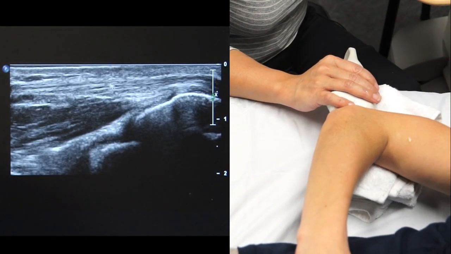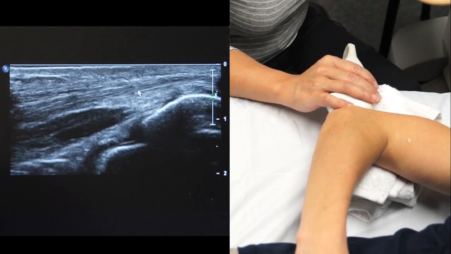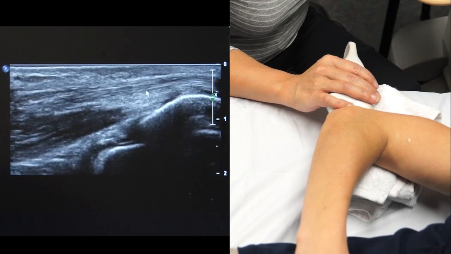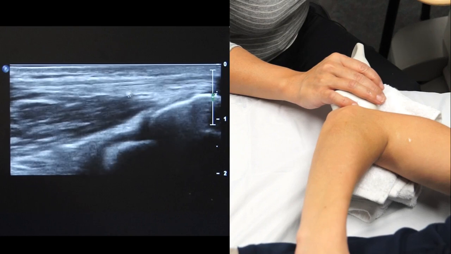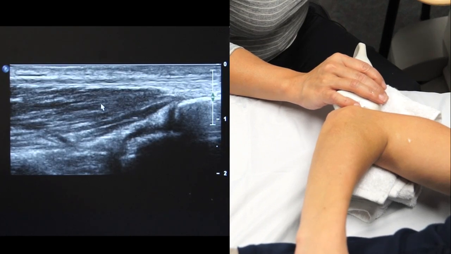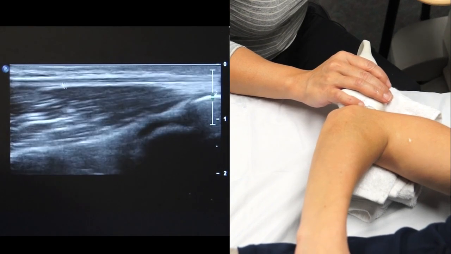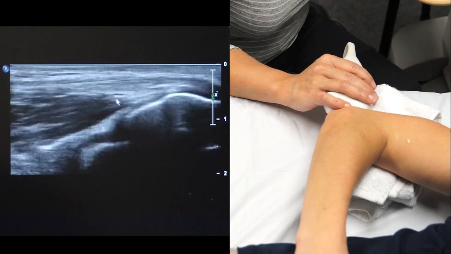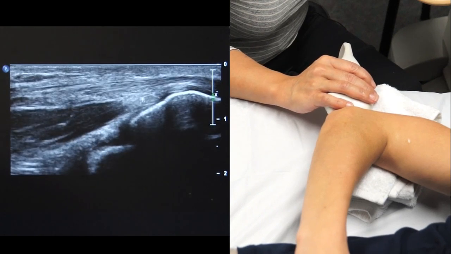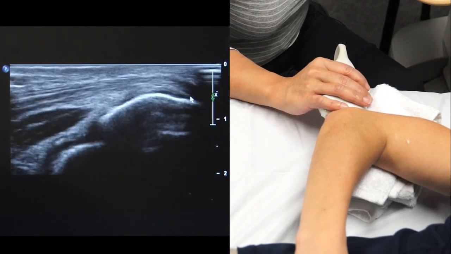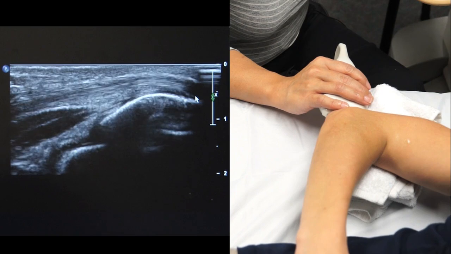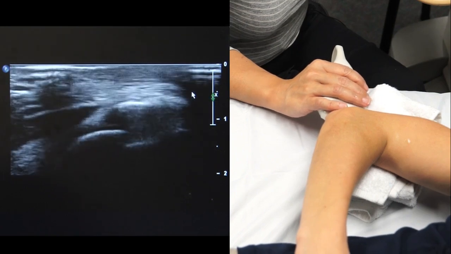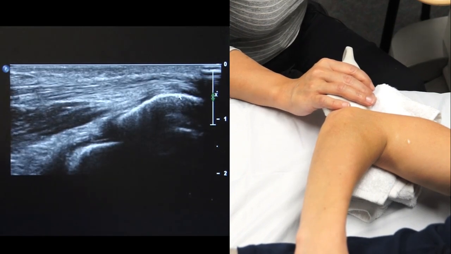And here again, you can see the tendon in long axis with nice parallel echogenic fibers. Here's the triceps muscle. So here we're looking at the musculotendinous junction. And as we slide down, the tendon fibers angle to its insertion. So there is some anisotropy at the insertion.